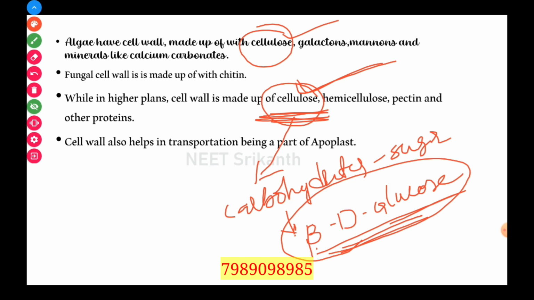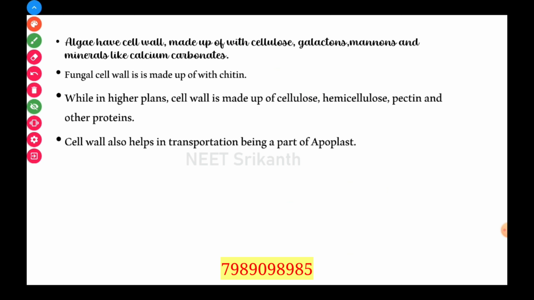The digestive enzymes digest only alpha-D-glucose, so they do not digest beta-D-glucose. That's why cellulose is indigestible in our body. Also, cellulose is the most abundant carbohydrate on the earth. This is also very, very important in the NEET examination.